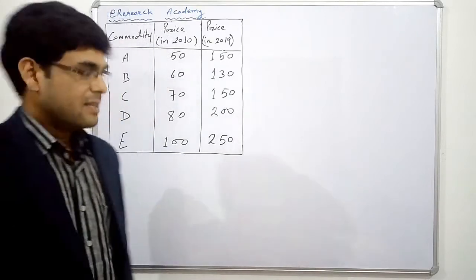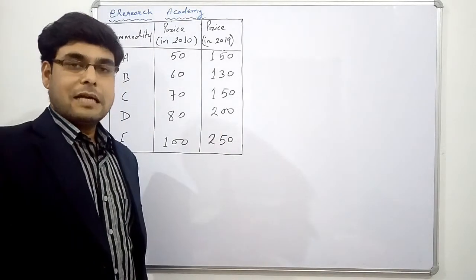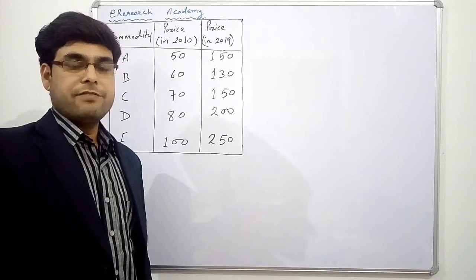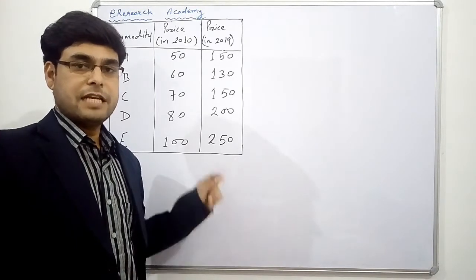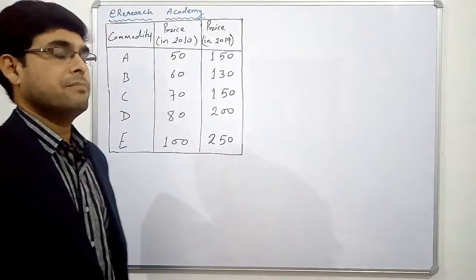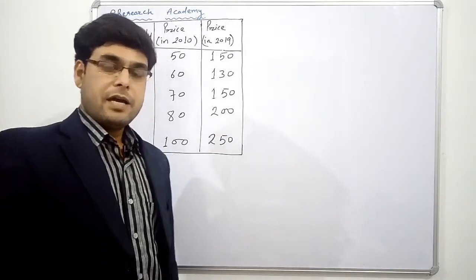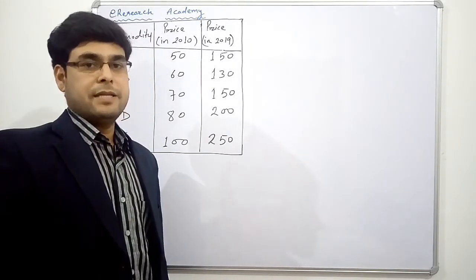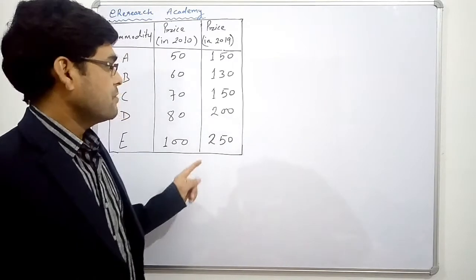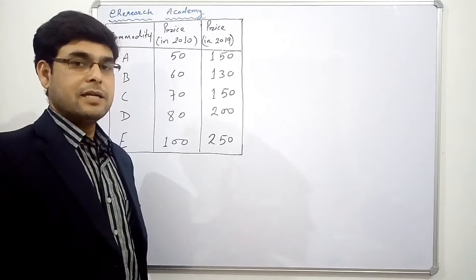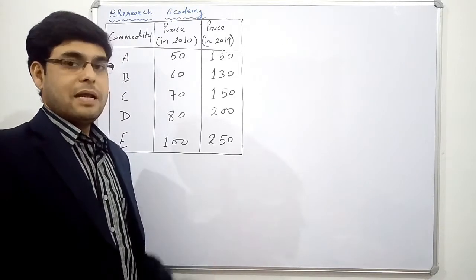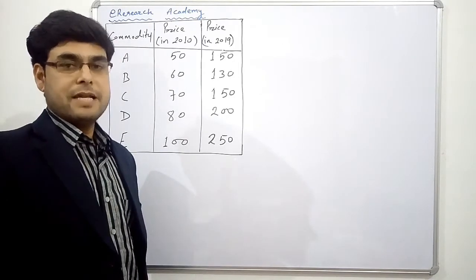So friends, this is our third lecture in the topic index number. In the first two we discussed the introductory part of index number, and in the second lecture we discussed the index number under the simple aggregative method. In this lecture we are going to discuss how the index number is constructed under the simple average of price relative method.